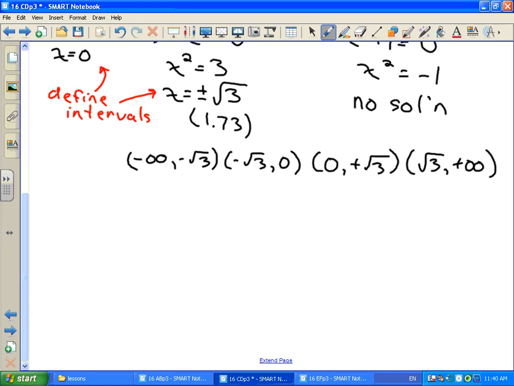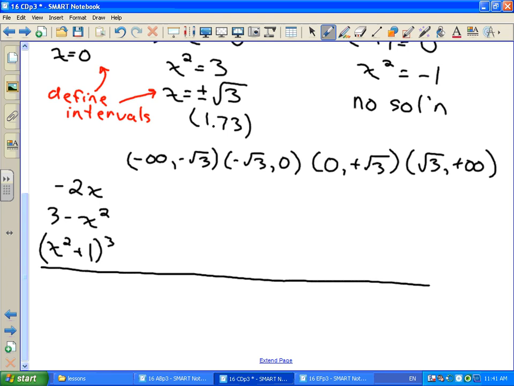And we want to see how each term in our second derivative behaves. So we've got a negative 2x, we've got a 3 minus x squared, and we've got an x squared plus 1 cubed down in our denominator. And together, those will give us the sign of our second derivative.